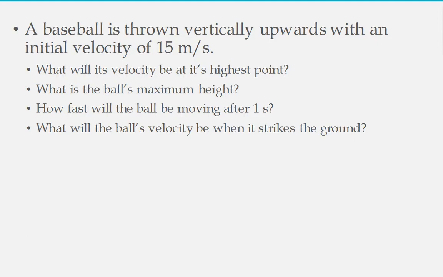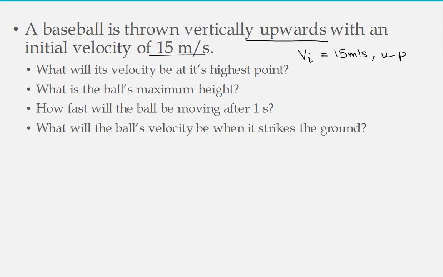Just up and down in the same line if it was a perfect situation. So they give you an upwards velocity of 15. So VI is 15. It's positive. It's 15 meters per second up.